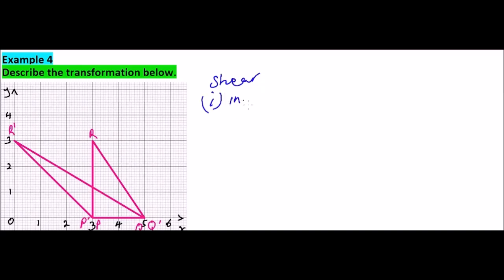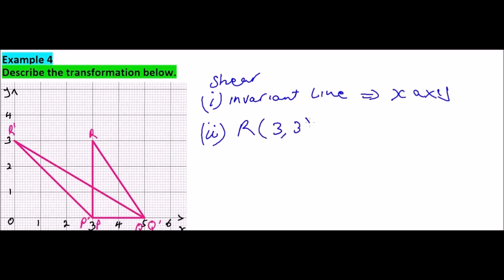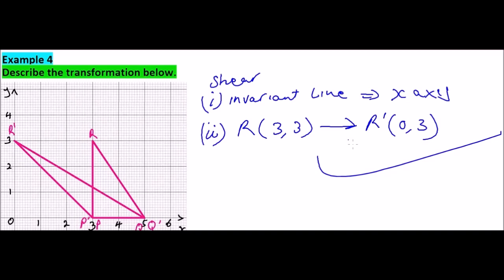The invariant line is the x-axis, and the only point that has moved is our R, whose coordinates are 3, 3. It has been transformed to R prime, whose coordinates are 0, 3. So that's how you describe a shear transformation, and I hope you have understood.